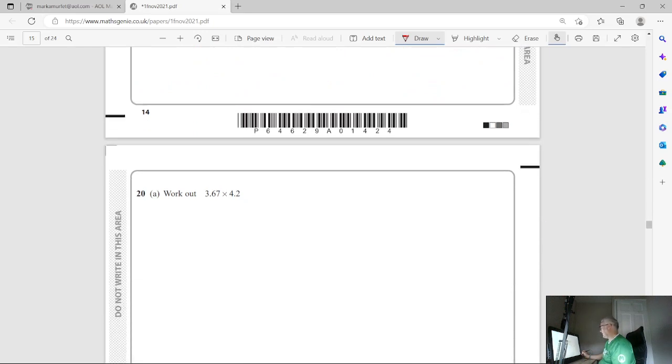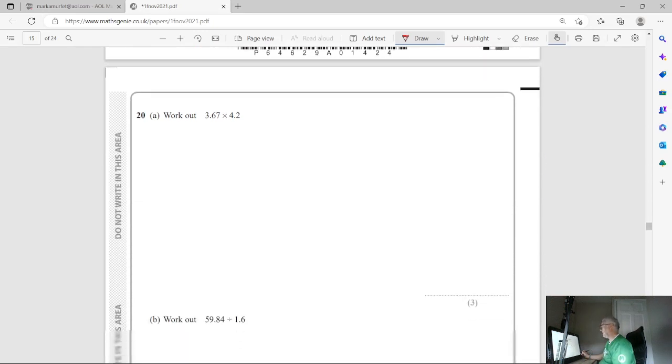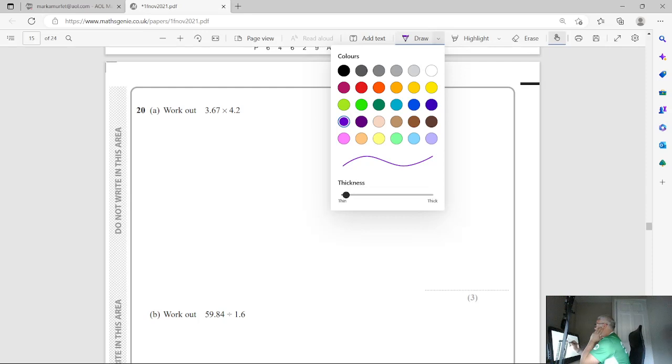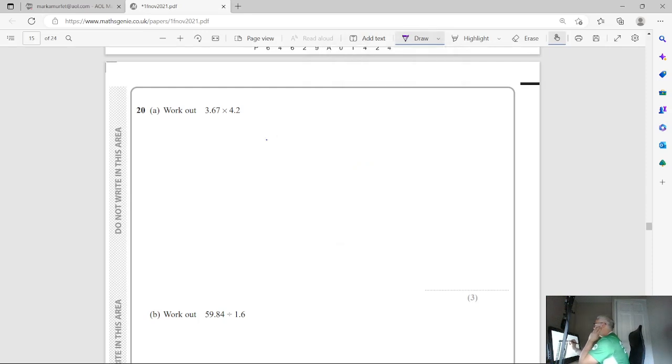Okay, question 20A. Work out 3.67 times 4.2. Again, this one is just manual multiplication. So I'm just going to do 3.67 times 4.2.